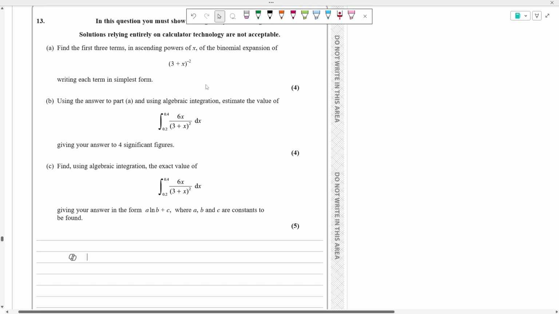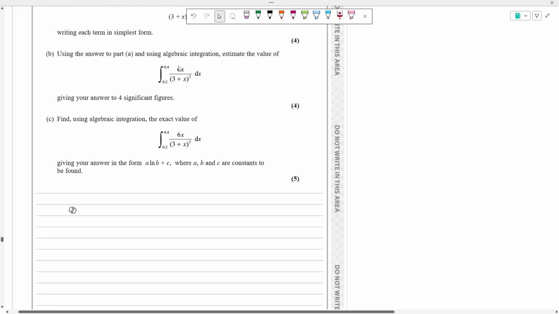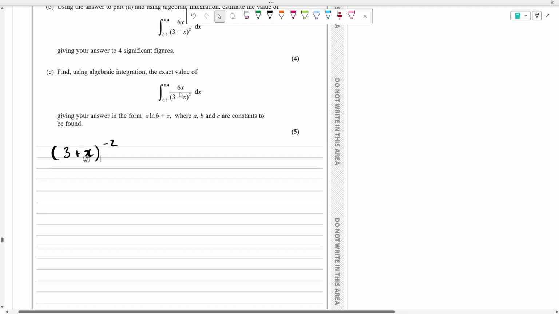Now the question is asking us about the first three terms in ascending powers. I'm going to rewrite the binomial expansion here. Okay, so this is how we're going to do this. We're going to start off with the binomial coefficient, and I'm going to put these both in brackets. I'm going to put 3 here and x here.